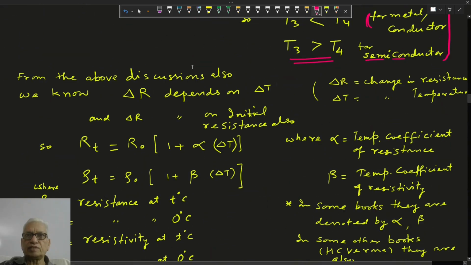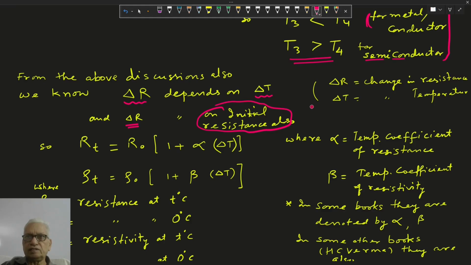Now from the above relations, the change in resistance depends on the change in temperature, and this change in resistance also depends on the initial value of resistance. If the initial resistance is more, the change in resistance is also more.